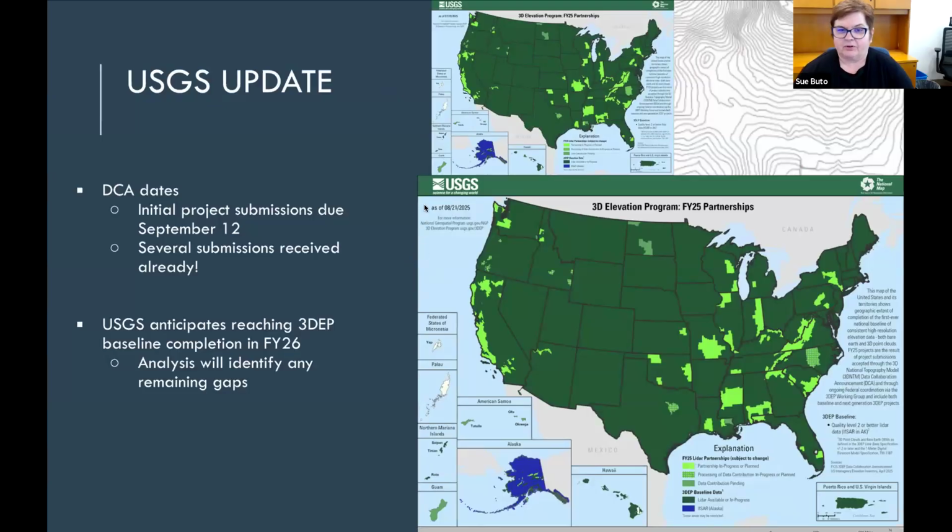I'll do the second bullet first and note, as Jordan mentioned, that we are anticipating reaching baseline completion for 3DEP in FY26. The elves are madly working on analysis, so we hope to be able to say that we plan to reach 100% in FY26, so stay tuned for that.